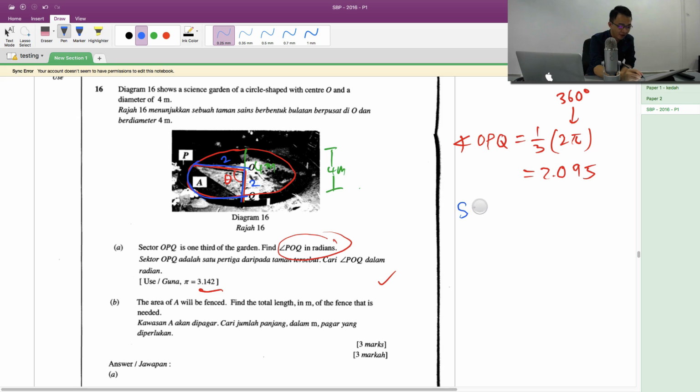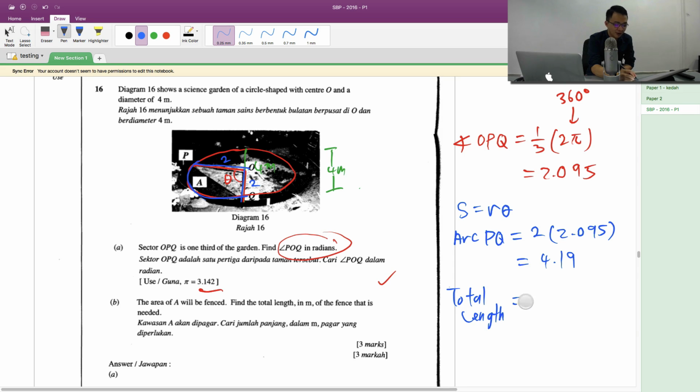We know the formula for arc length: s equals r theta, for arc PQ. R is 2 because the diameter is 4, and theta we already have, 2.095. So I multiply 2 by 2.095 and get 4.19. Then I want to find the total length.